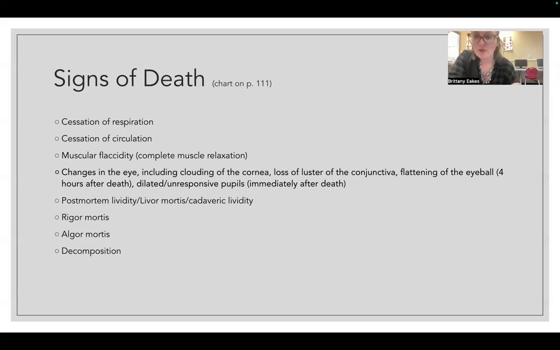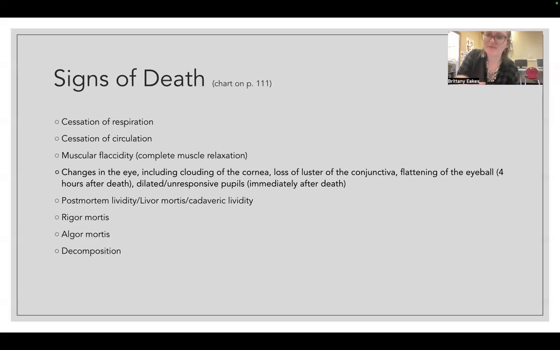Other signs of death: rigor mortis, the stiffening of muscles. So the body will go from primary flaccidity, relaxation, within so many hours, dependent on intrinsic and extrinsic factors, to stiffening, the action of all the muscles in the body drawing.